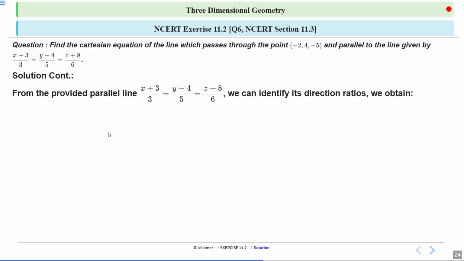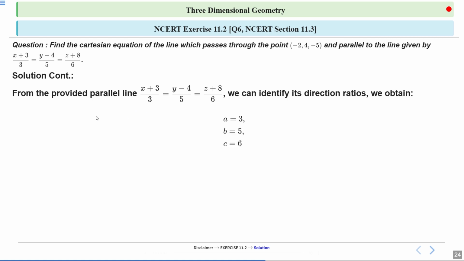Now let's substitute our values into this formula. The point is -2, 4, -5 and the direction ratios are 3, 5, 6, from the given line x plus 3 over 3 equals y minus 4 over 5 equals z plus 8 over 6.